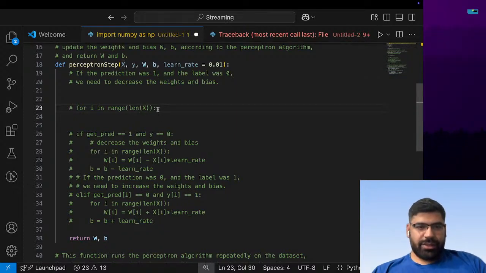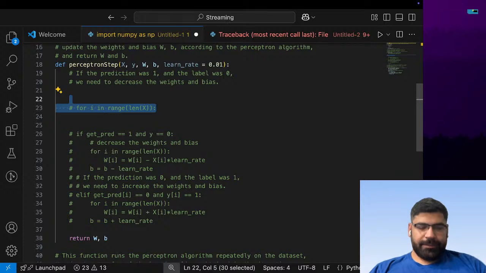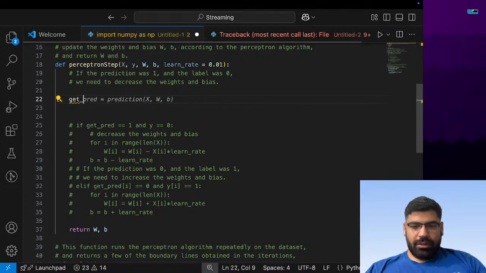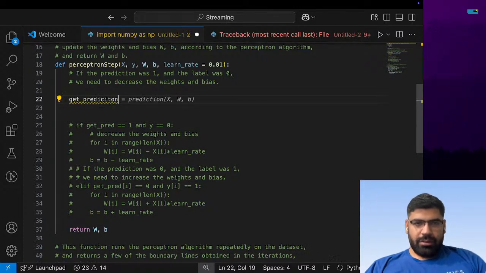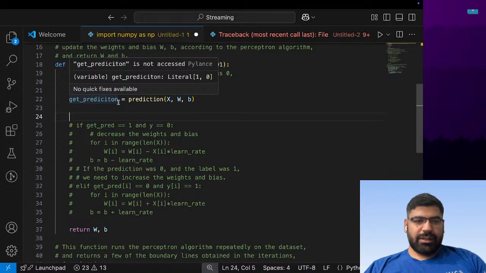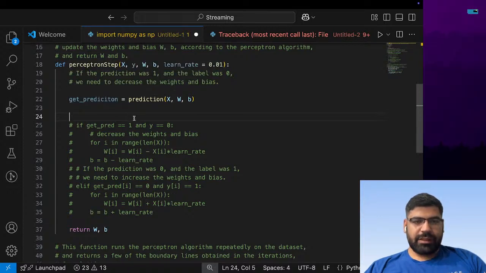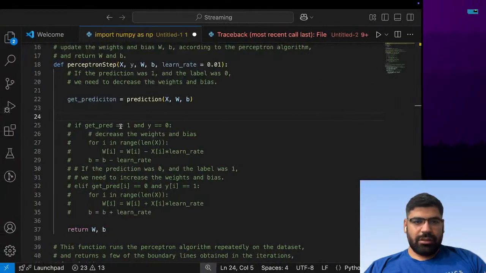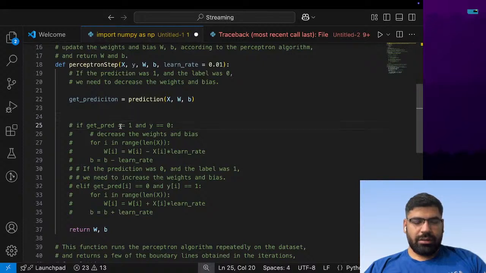So get prediction, right? 0, 1, 0, whatever. And for the label, I have to think. I'm getting a prediction as 1 for this case. If the prediction is 1, but the label has changed.